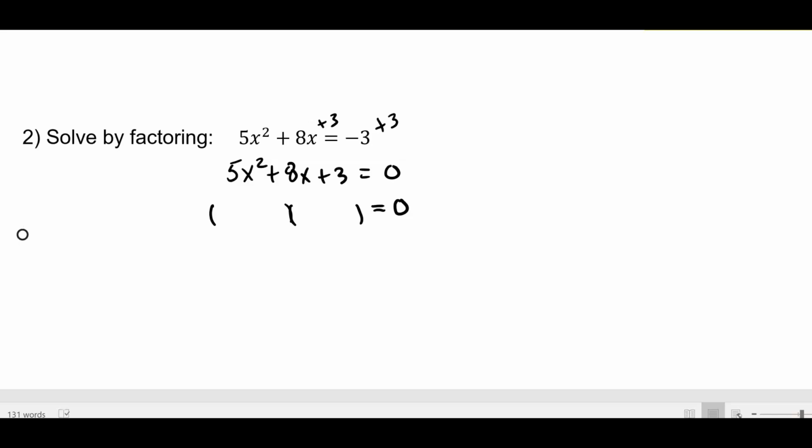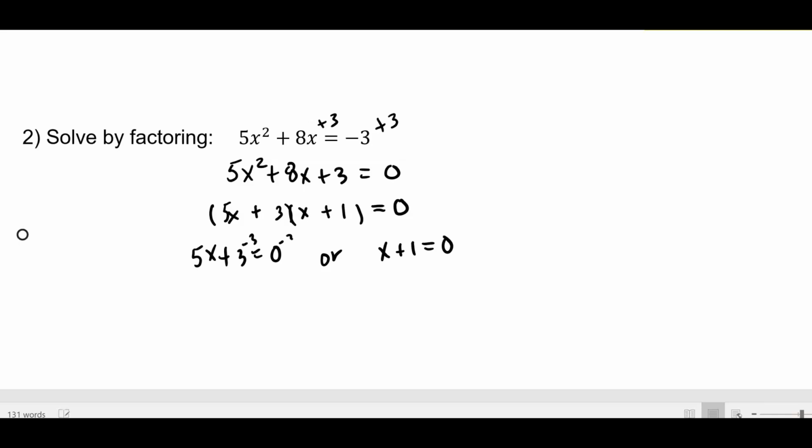Hopefully you paused the video by now and have come up with factors for this problem. So 5x plus 3 times x plus 1. Always check it. 5x squared plus 5x plus 3x plus 3. That works out.